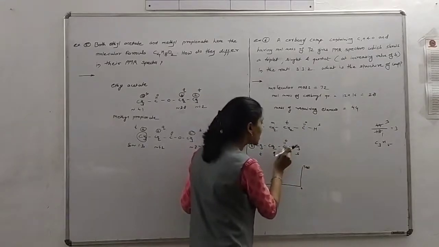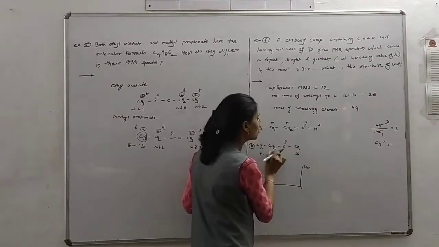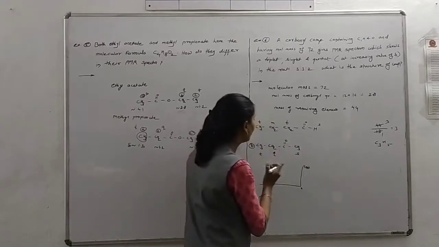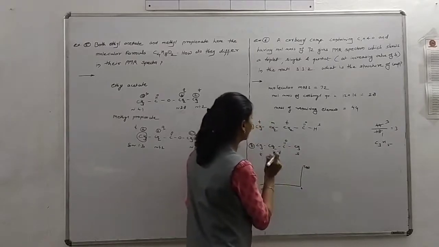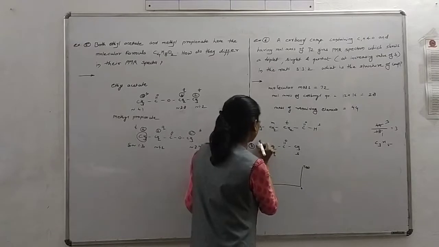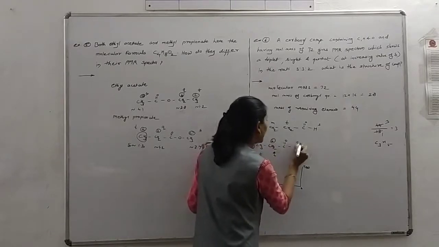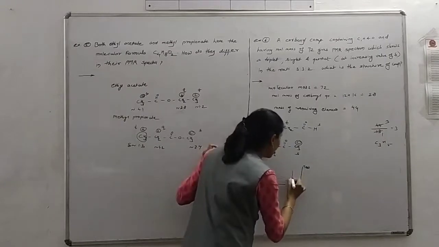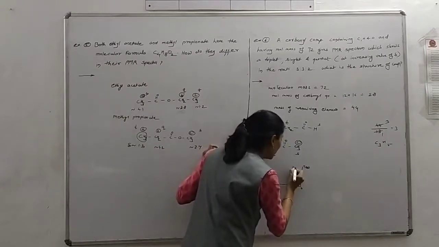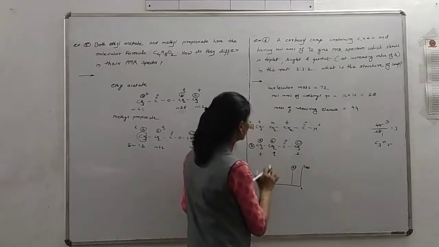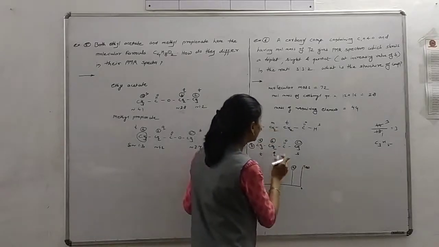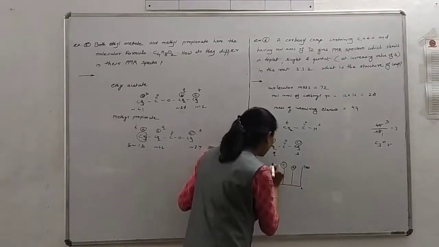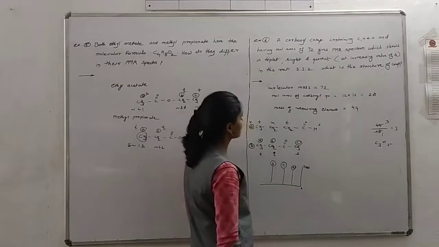Here, the carbonyl group, CH2 group and CH3 group are both at the downfield direction compared to this one. For the CH3, I have written here A, B and C. So A is at upfield, so I am not writing the delta values, only the positions: A, then C, then B. Okay, like this.